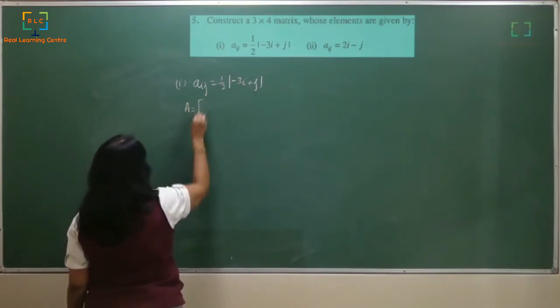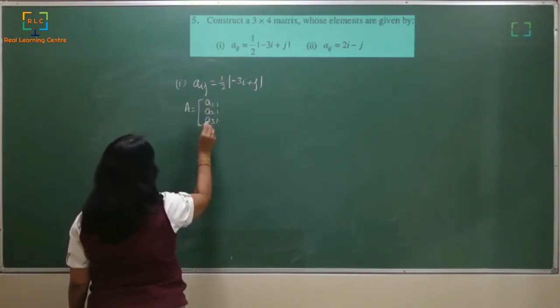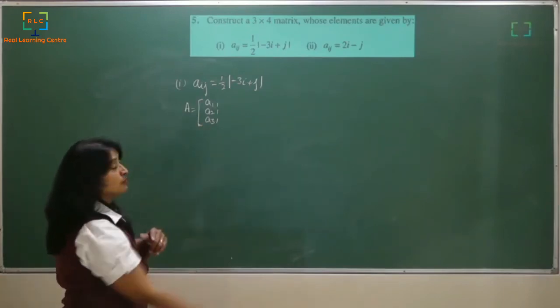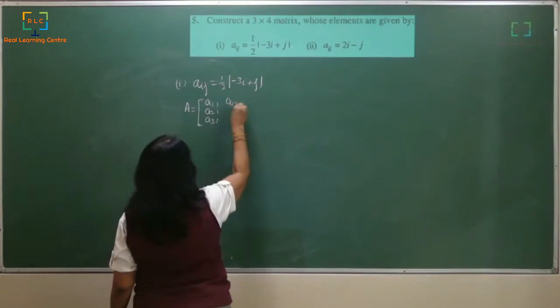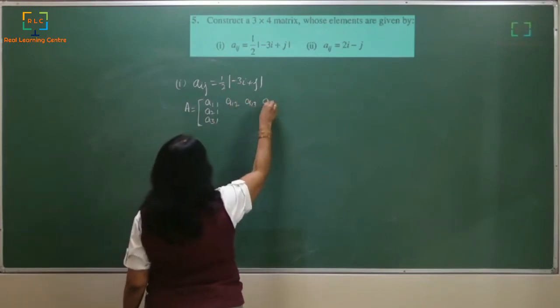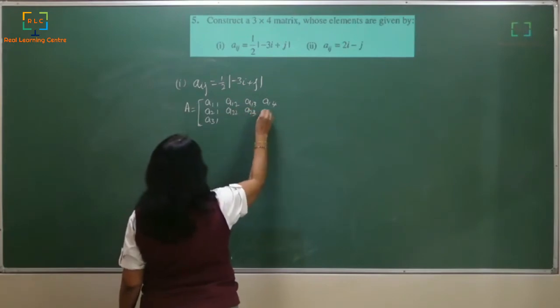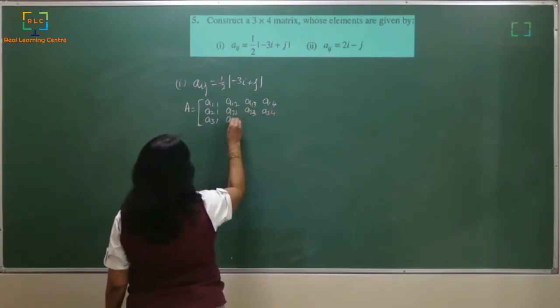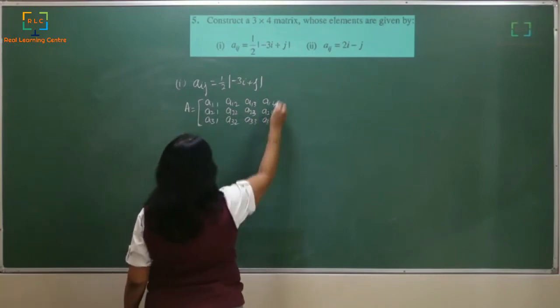So A has 3 rows. I say A11, A21, A31. I reach the third row, I'll stop there. Now I have to reach the fourth column, so until I get 4 here, I'm going to write A11, A12, A13, A14, A21, A22, A23, A24, A31, A32, A33, A34.